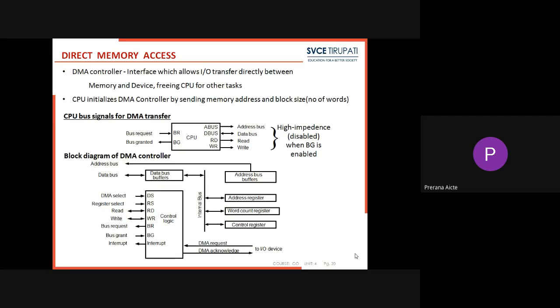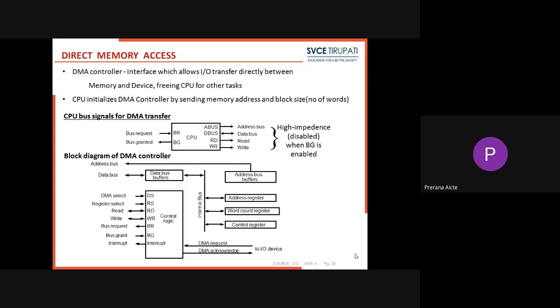When bus request input is active, the CPU terminates the execution of the current instruction and places the address, data, and read write lines into high impedance state. The processor activates the bus grant output to inform the external direct memory access that the buses are in the high impedance state.